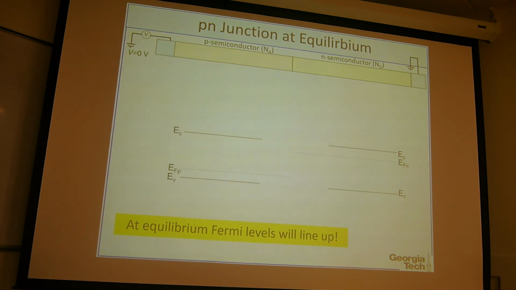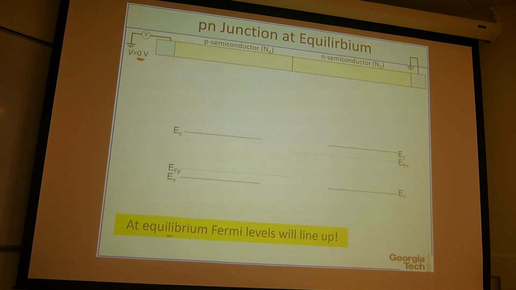So we still start with the equilibrium state. That means the external voltage is 0. Equilibrium state. And recall what we reviewed at the very beginning of today's class. We said that at equilibrium in the semiconductor, there is only a single Fermi level, or the Fermi level EF is flat.